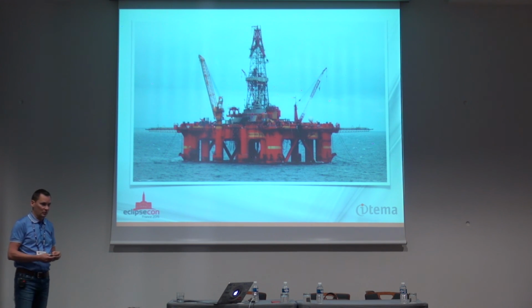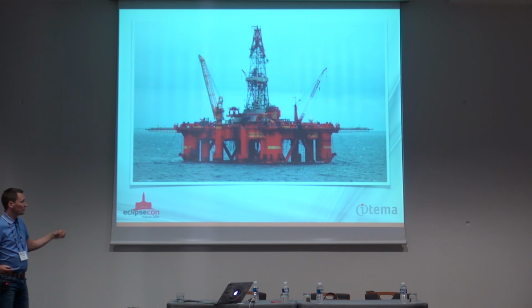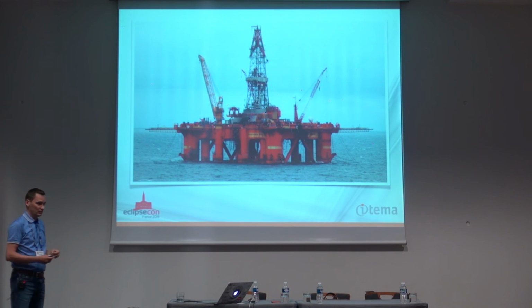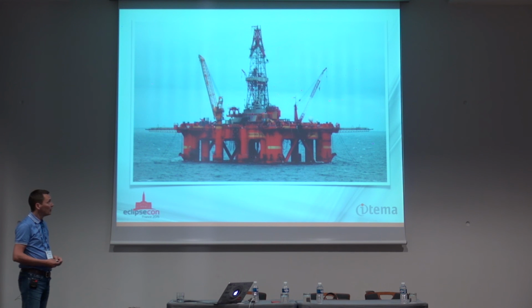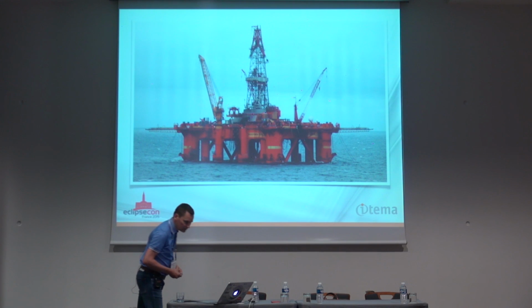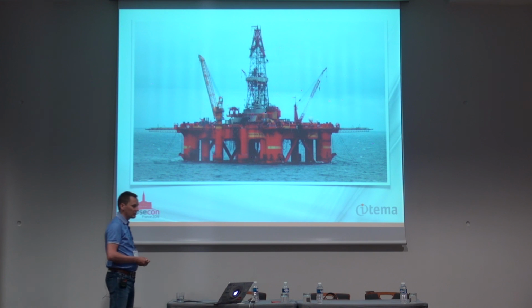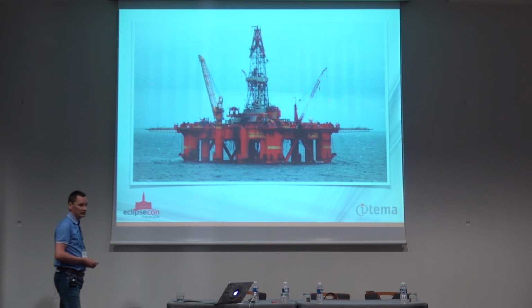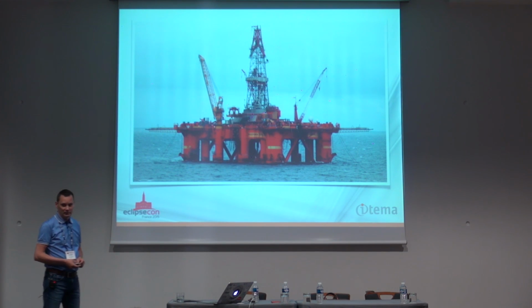If you have a storm, there is a lot of stress on those, and suddenly they can just break. And if a few of them break, then the platform can just turn around, and you have an accident, which you don't want. This one was costing $350 million in 2009. It was a used one, so they got it cheap.